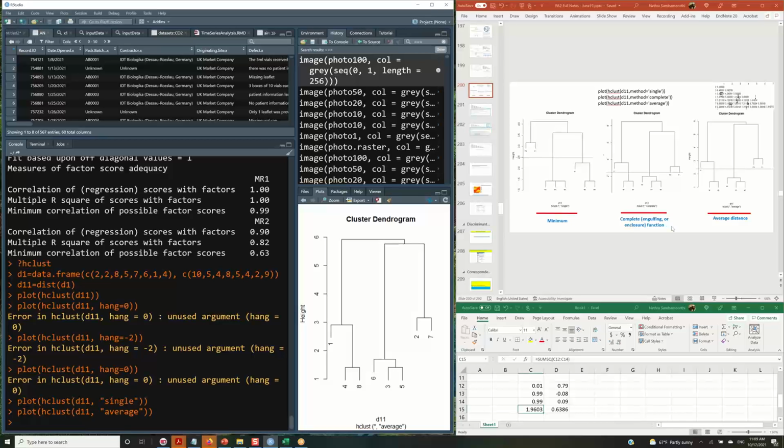So complete, or the average distance, you can use whatever you think is the relevant thing. Complete cluster or the average cluster seems to be better because it's not working with the edge points, right? You remember one of the advantages of complete cluster is that it is less sensitive to the outliers, right? Remember that? So use complete cluster in general, but these are 3 different ways you can create the clusters.